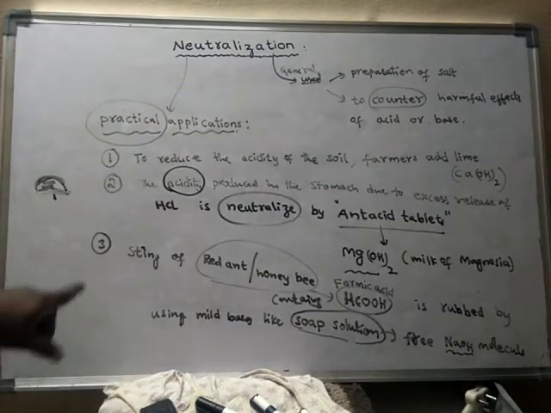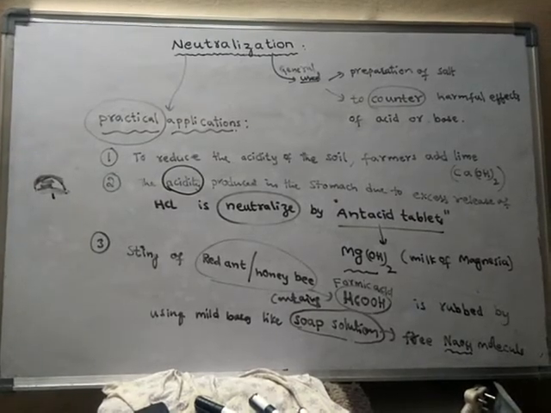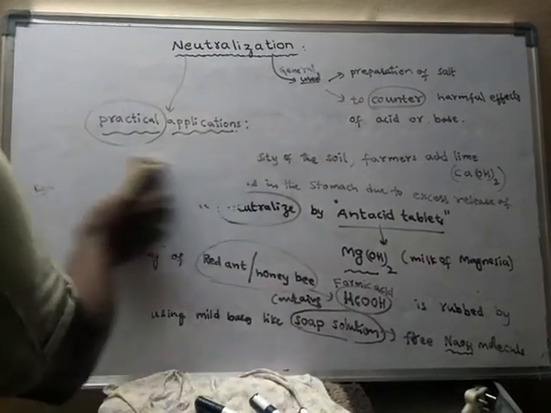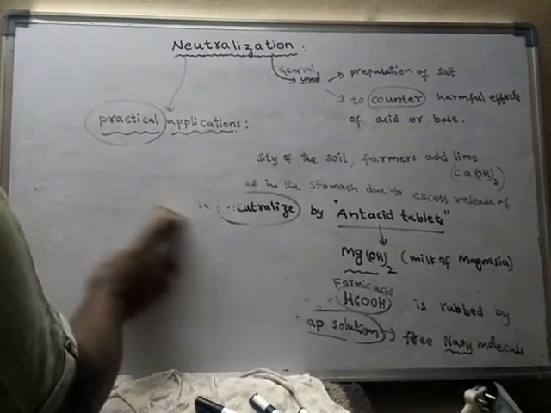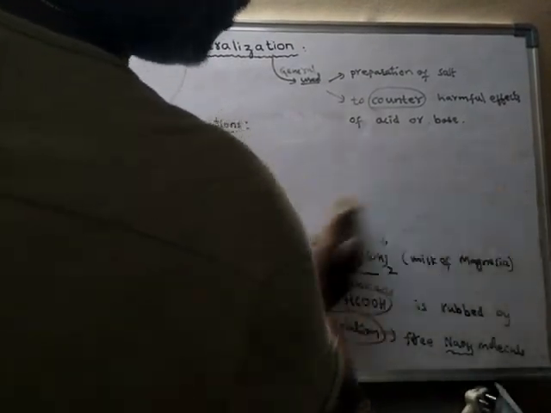So this is also one of the practical applications of neutralization reaction. See one more thing. Not only honeybees, sometimes we will find wasps also. Yellow colored wasps. Wasp means kandiriga.